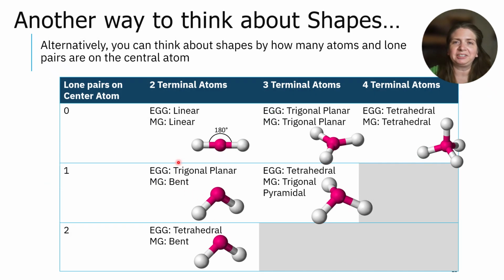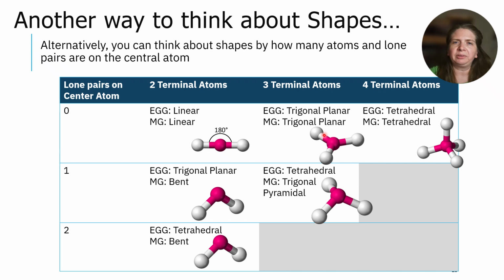This slide organizes the molecular shapes in a different way. Instead of grouping them by the number of electron groups, it groups them by the number of terminal atoms. For molecules with 2 terminal atoms, the electron group geometry may be linear, trigonal planar, or tetrahedral, depending on if there is 0, 1, or 2 lone pairs on the central atom. If there are no lone pairs, the molecular geometry is also linear. If there is 1 or 2 lone pairs, the molecular geometry is bent.